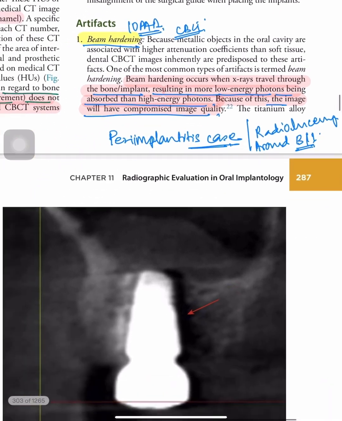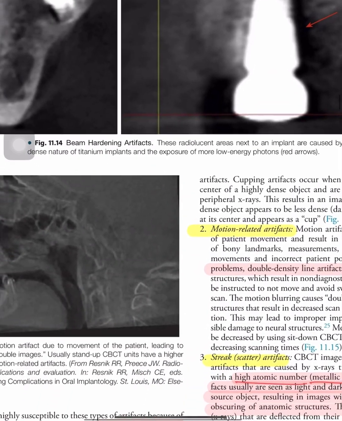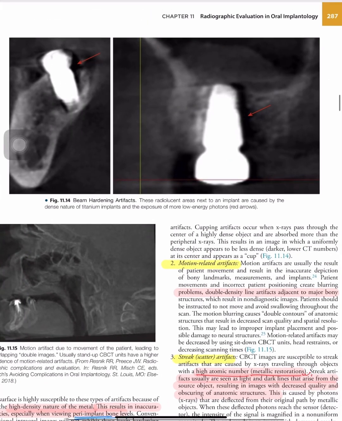So in such cases, IOPAR is superior. See, this is the beam hardening artifact. In this cone beam CT, we can see that this implant appears to have some sort of peri-implant disease, but actually that is an artifact.